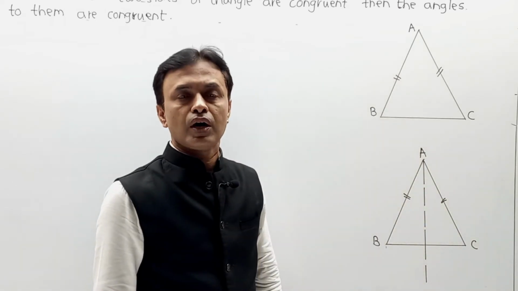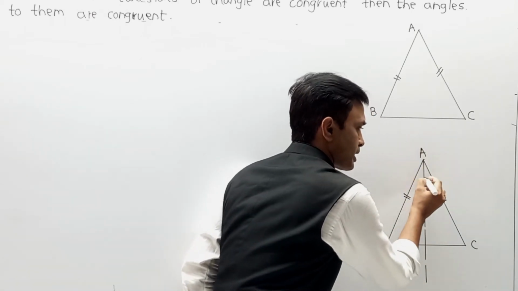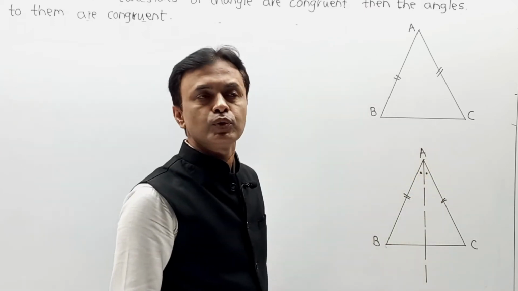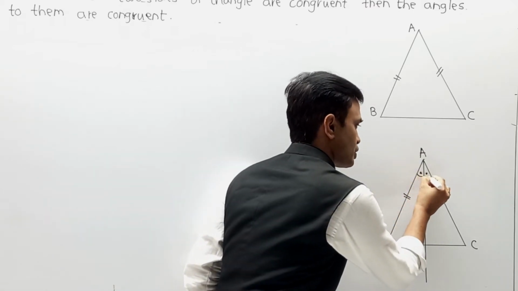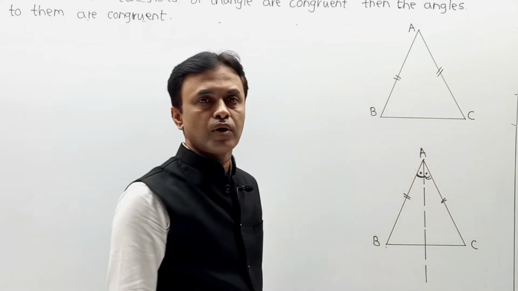Here we are going to draw a construction such that we have drawn one angle bisector which bisects angle A. Means you can say this angle A is divided in two equal parts. So this portion is equal to this angle. Means these two angles are congruent.